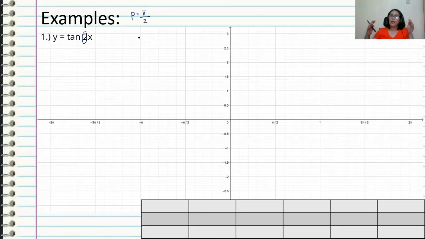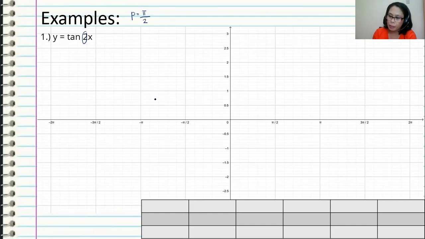Okay, so in comparison to y equals tangent x with y equals tangent 2x, the graph becomes narrower. Okay, and then we're going to work on its adjacent vertical asymptotes.